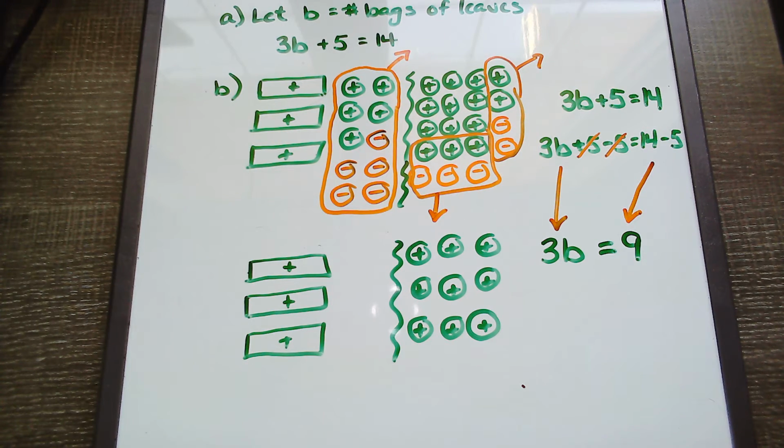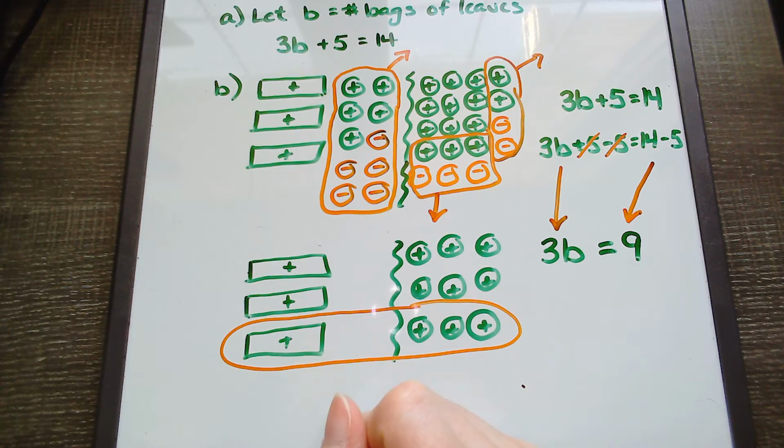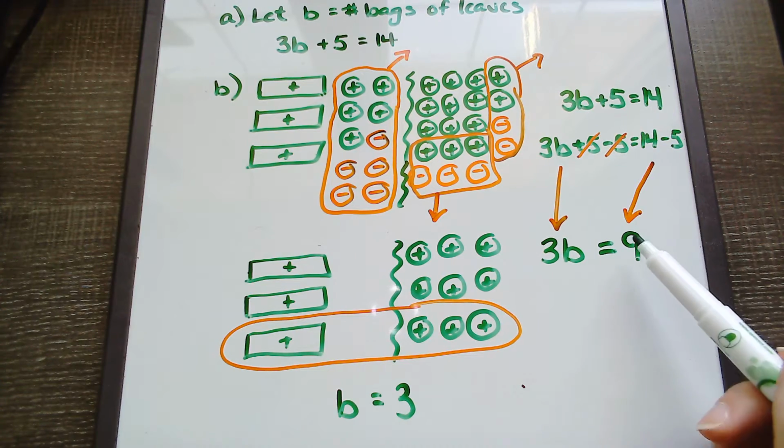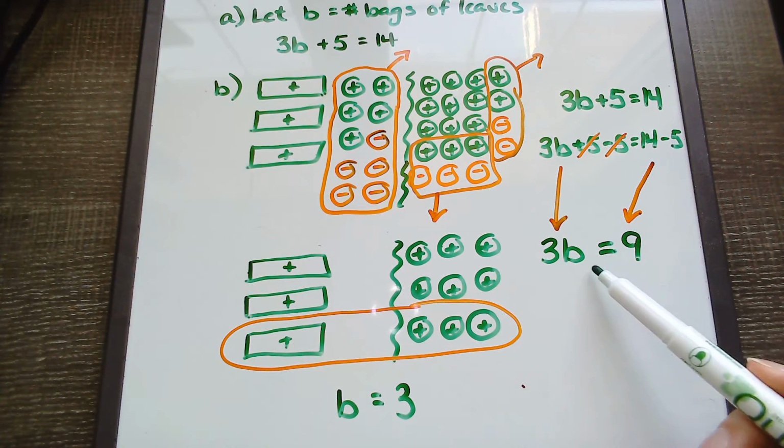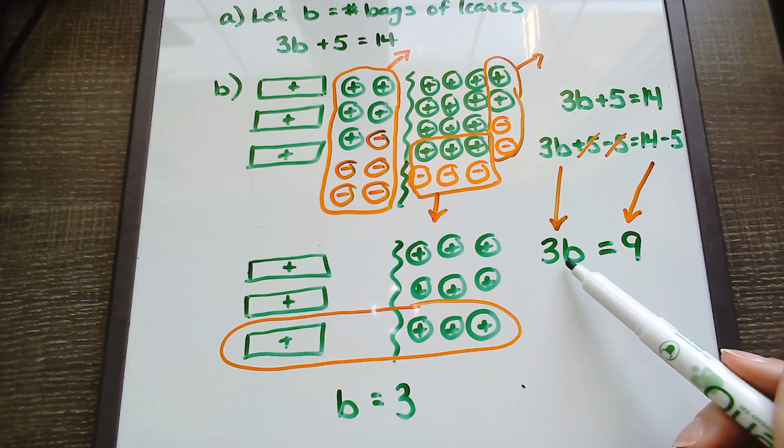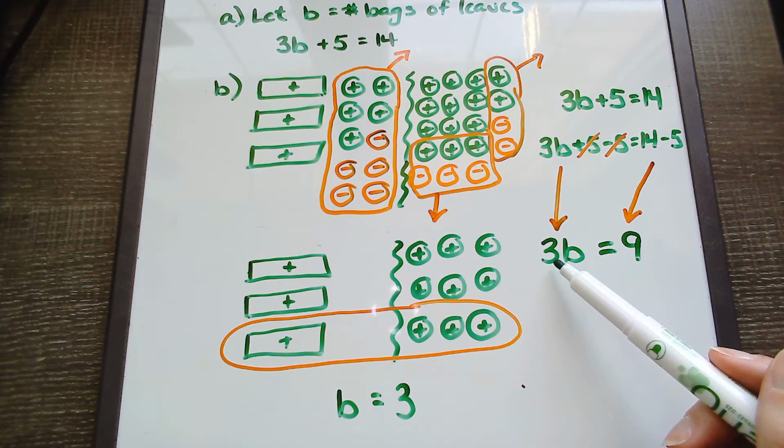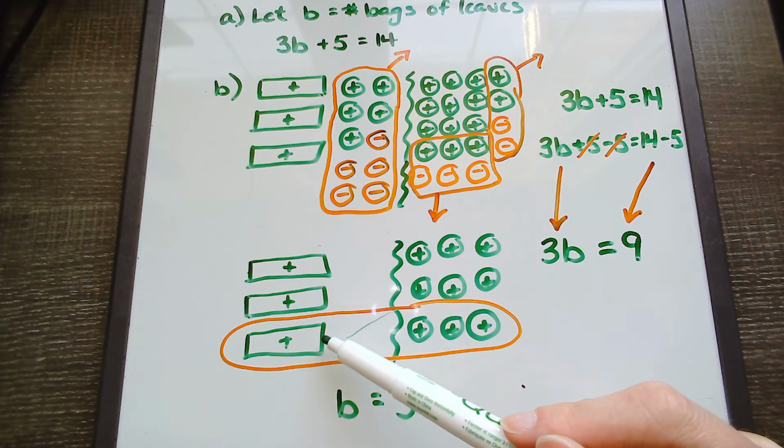The last thing that we do is we need to look at that one grouping. Here I have that one grouping, and I know that my answer is going to be that b is equal to 3. So I need to do something here to show b equal to 3. What I've actually done is I've divided, and I've chosen just one group here.